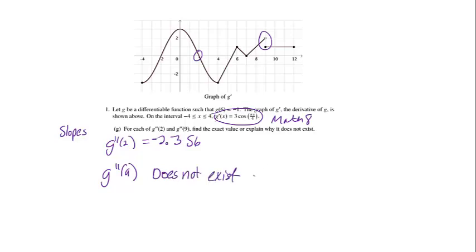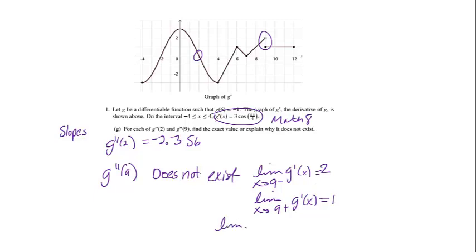But the reason that I will say that, we'll just deal with our limit definition. The limit as x approaches 9 from the left of g prime of x is equal to 2. And the limit as x approaches 9 of g prime of x from the right side is equal to 1.